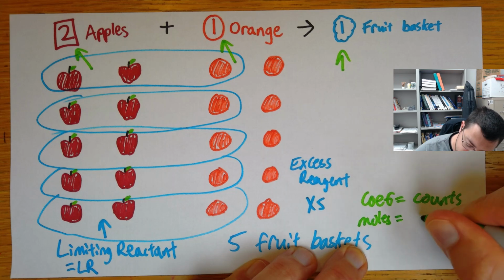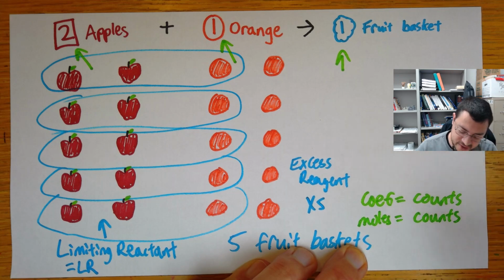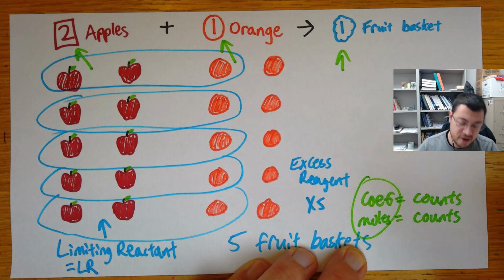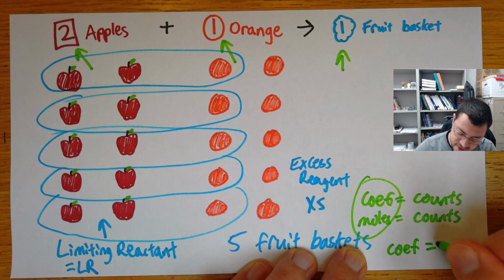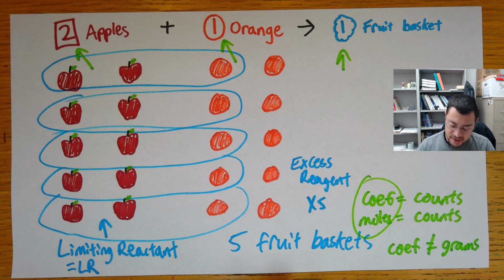Moles are also a counting number. So coefficients are in moles. That's what I'm getting at. Coefficients are not in grams. They are not masses. So that's something I want you to keep in mind.